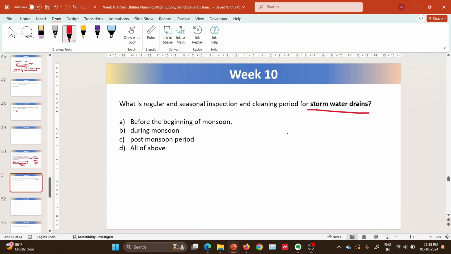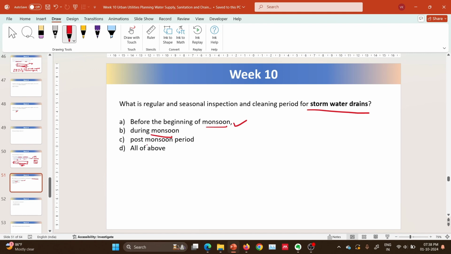So we need to check them before the beginning of the monsoon, to see whether any debris, plastic, or solid waste is accumulated inside the drains. Second, during the monsoon, because the water may carry so much waste, that may clog the drains.